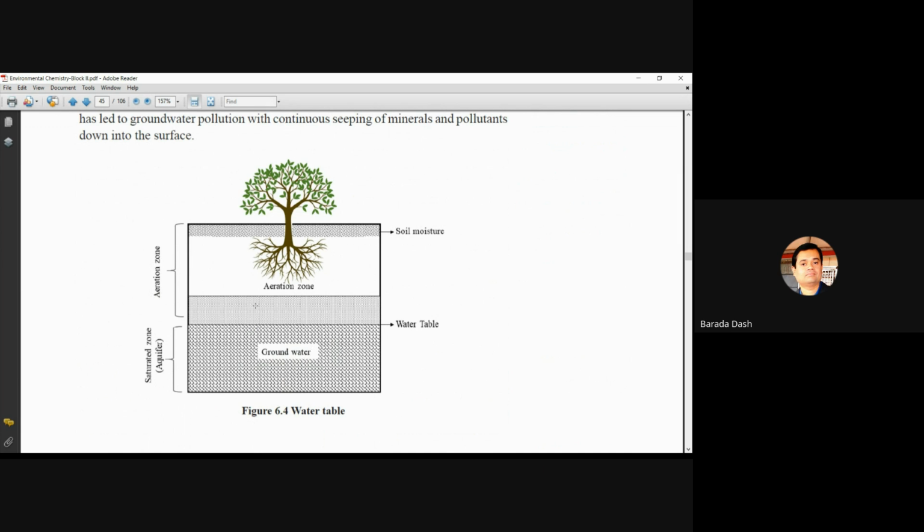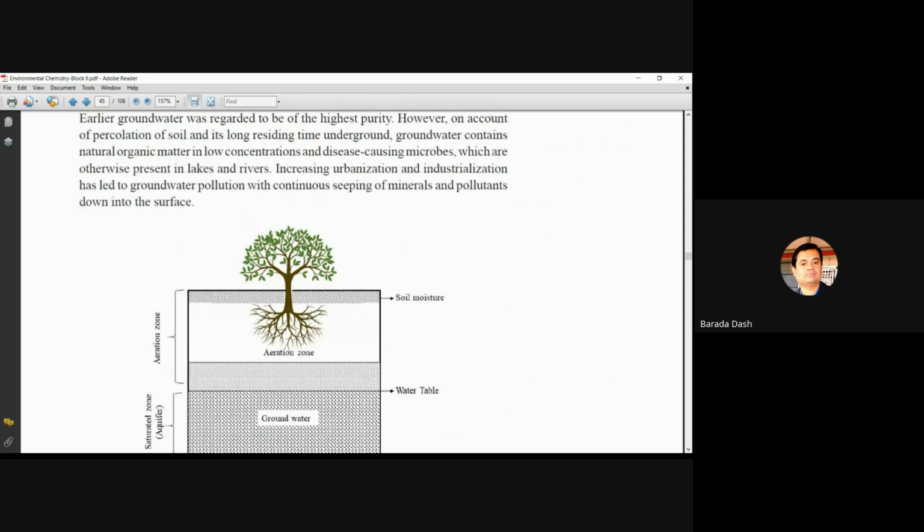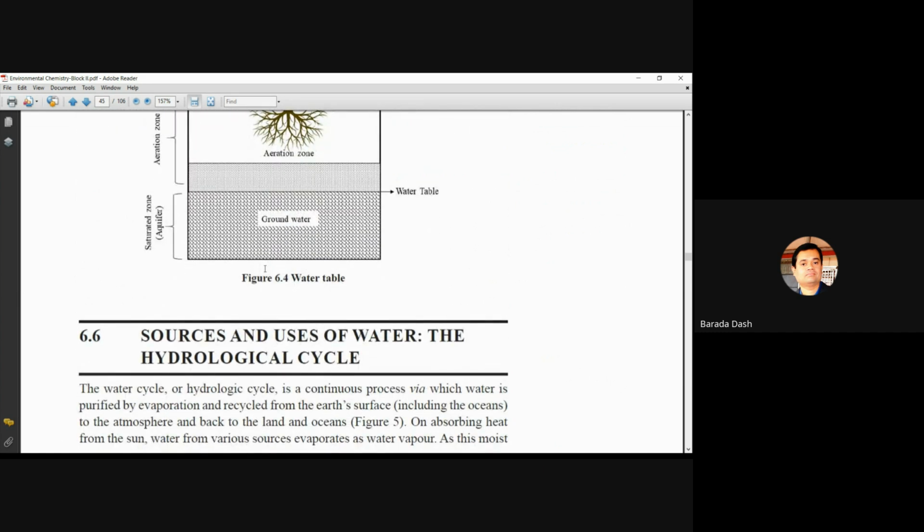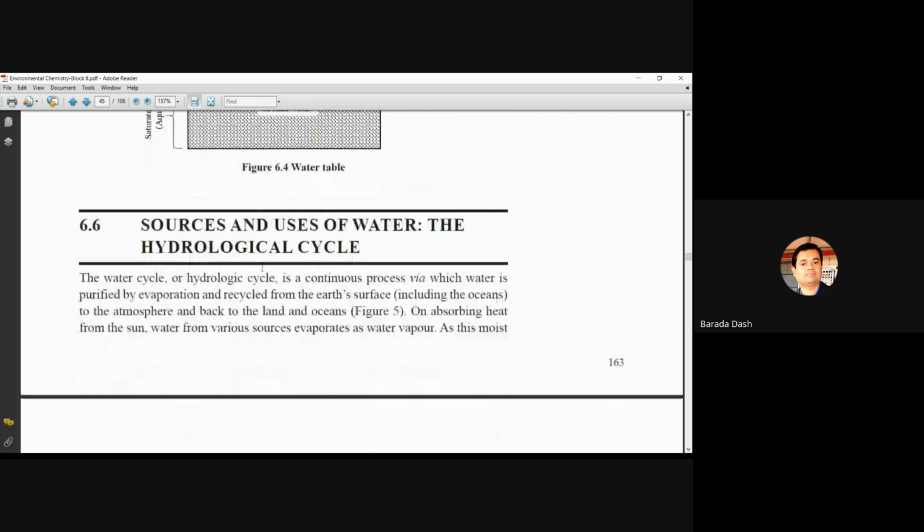And there is an aeration zone where soil moisture is present. Plants also play a vital role in the transfer of water from the upper layer to the aquifers, where water is stored as groundwater.